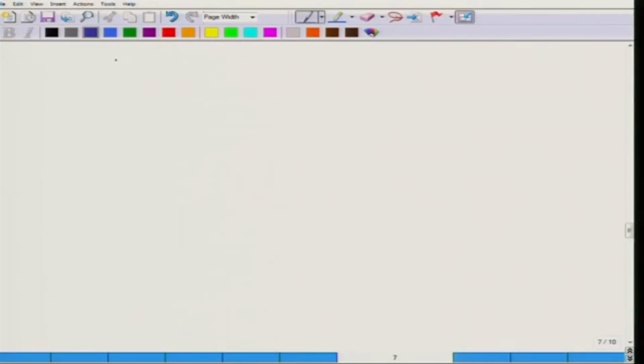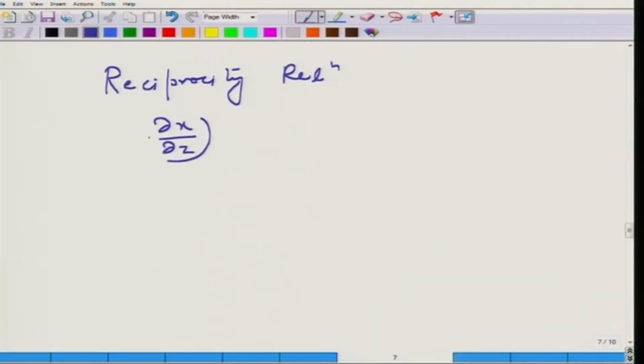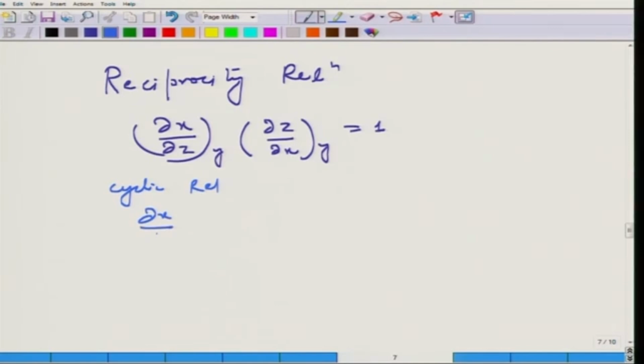Before I end this lecture, let me also write down these two expressions which we are also going to commonly use. One is called the reciprocity relation, which is well known. The other one is the cyclic relation, where we use three variables. Remember that one variable is kept constant, so you're just swapping the variables.